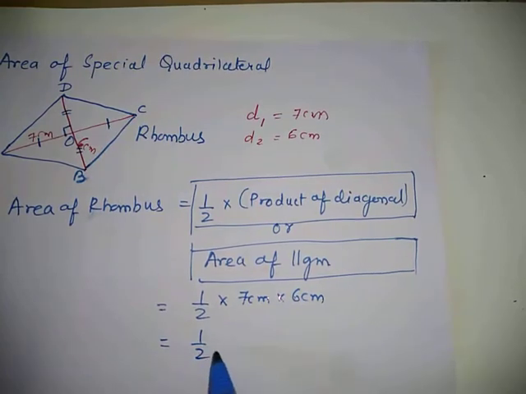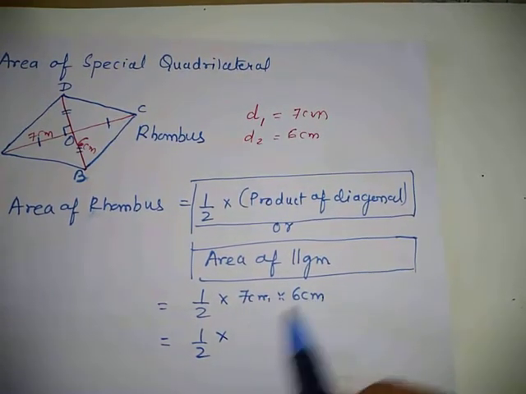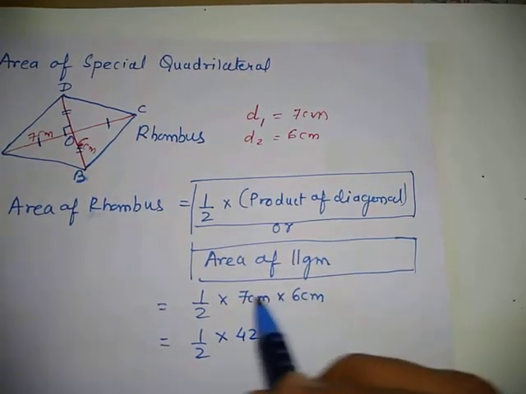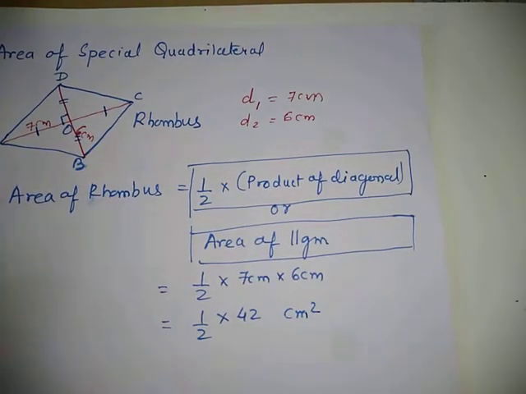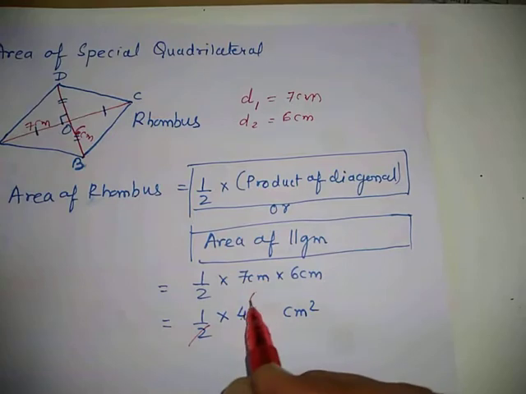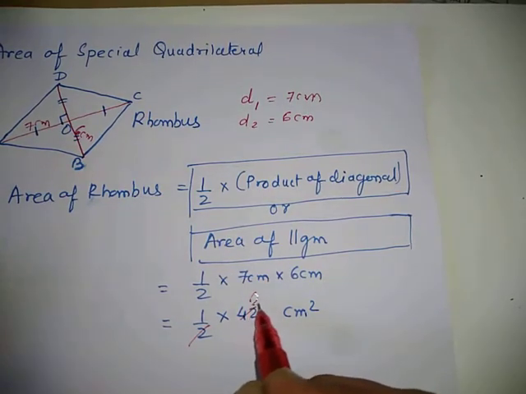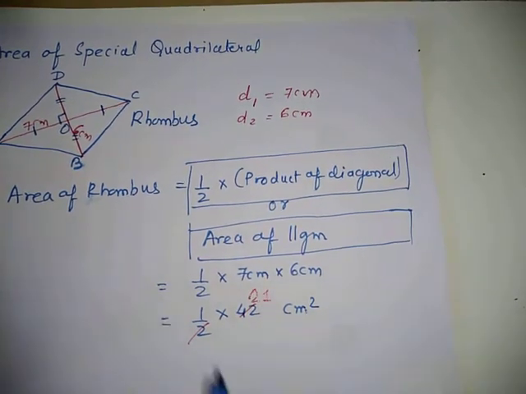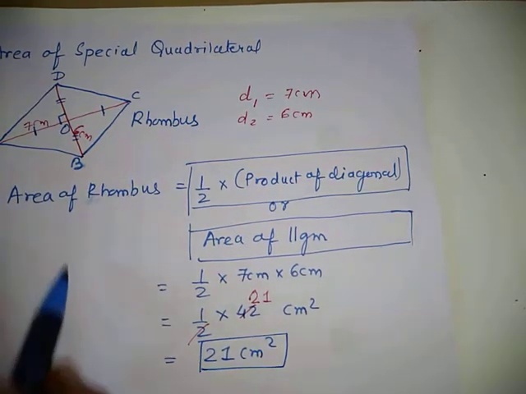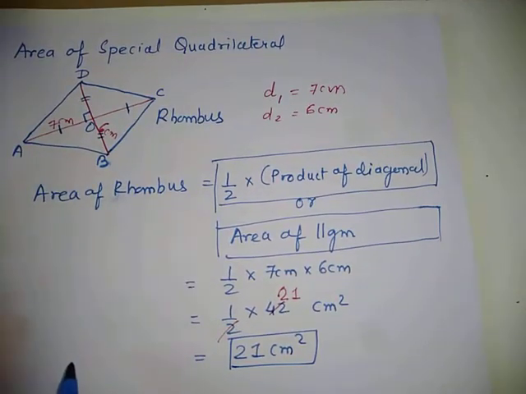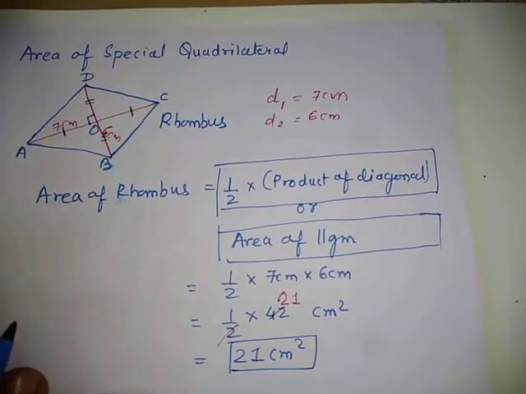Half of 6 sevens are 42, centimeter square. Still we can reduce it to 21. So 21 centimeter square is the area of rhombus. Hope this much is clear.